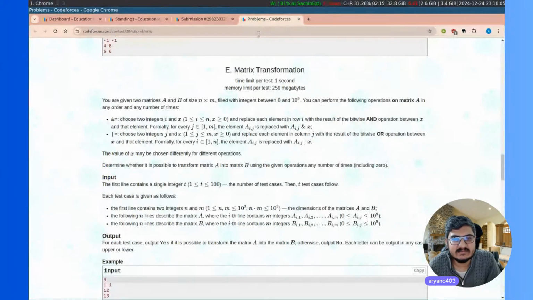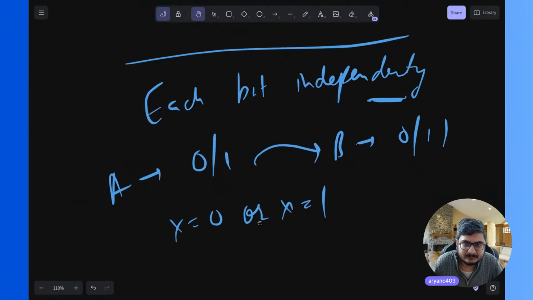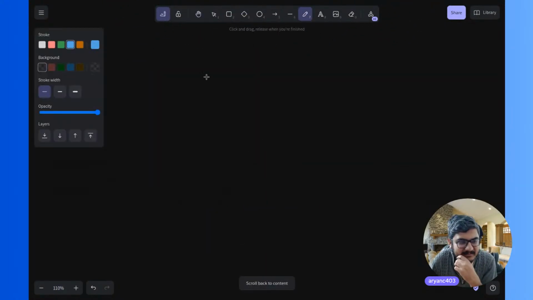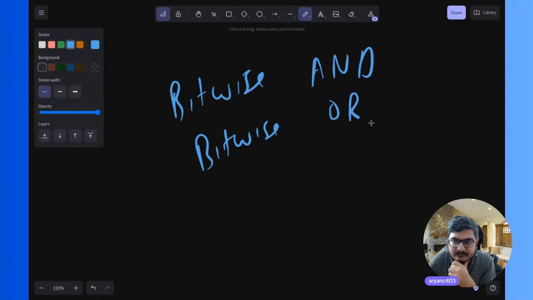Okay, like the question says, you are given two matrices. And there are something known as bitwise operator AND and an X, and a bitwise operator OR.